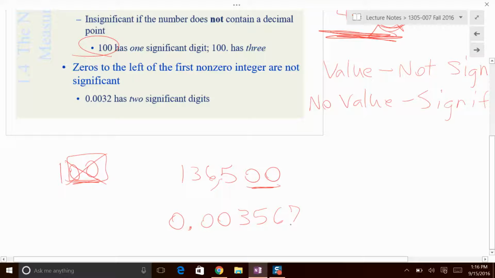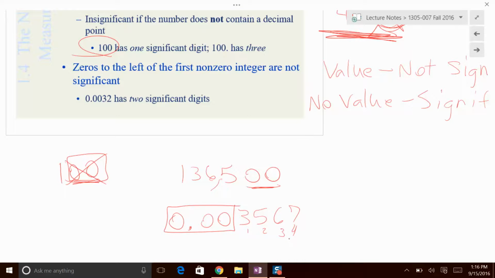How many significant digits are in that number? 1, 2, 3, 4. Do these zeros have value? If I take them away, do they change the value of the number? Yeah, right? They do. So, what does that mean about their significance?